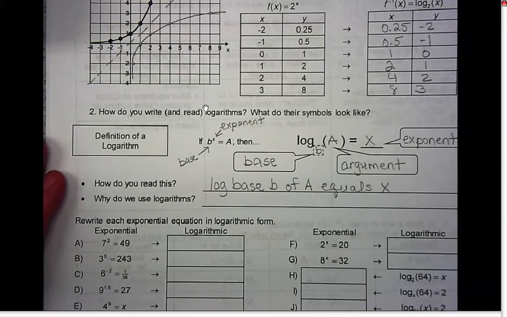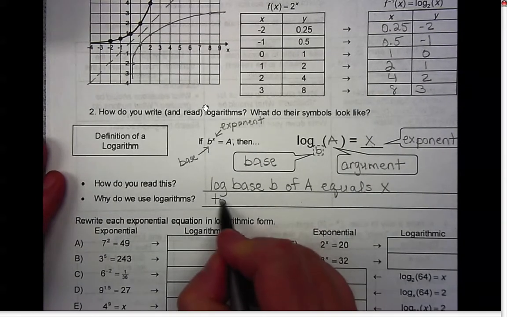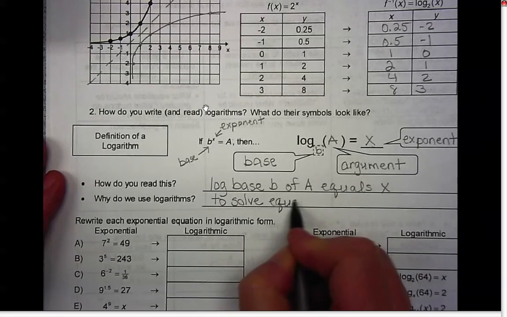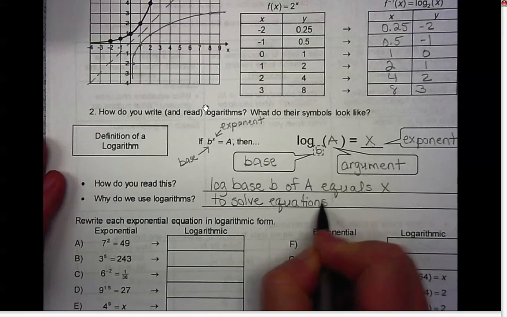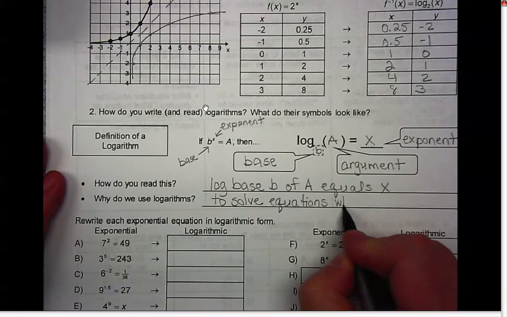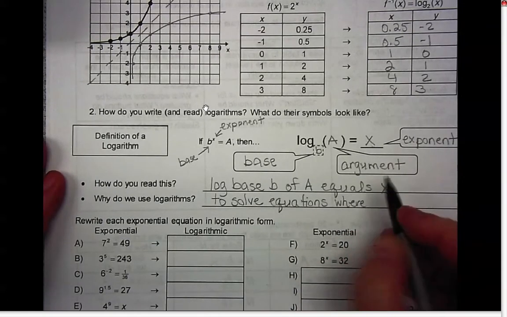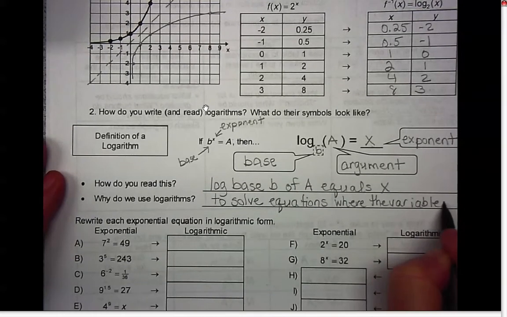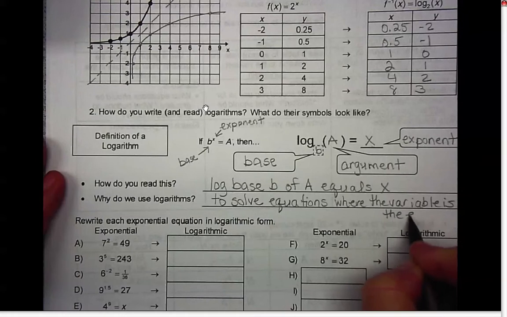Why do we use logarithms? We use them to solve equations where the variable is the exponent.